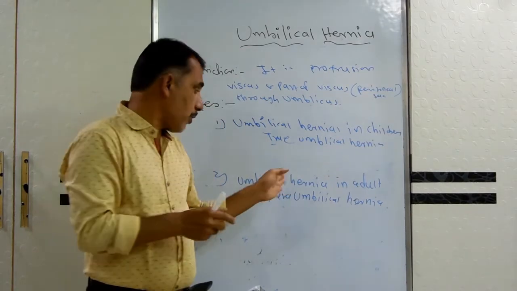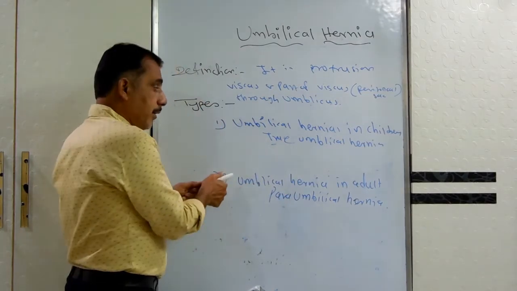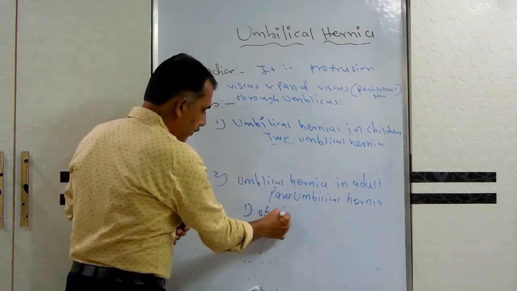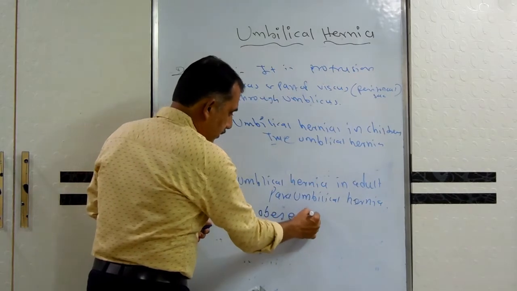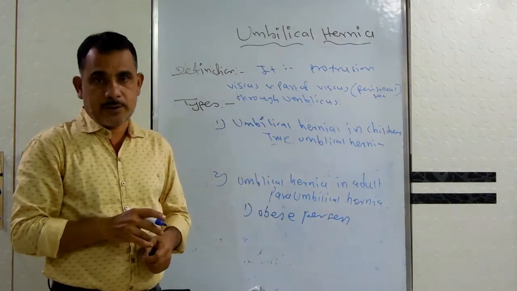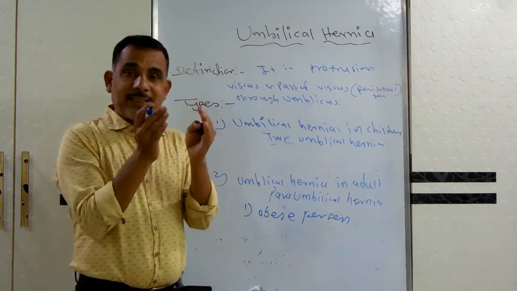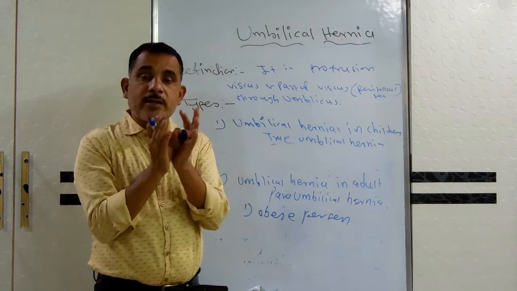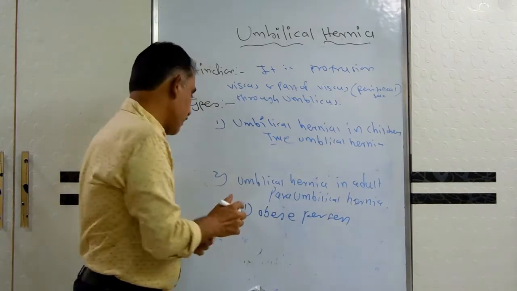Now the features of this hernia. The hernia in the adult, this paraumbilical hernia, occurs commonly in obese persons, where there is laxity of the muscles and a gap in the linea alba in between the rectus, and the protuberance occurs.